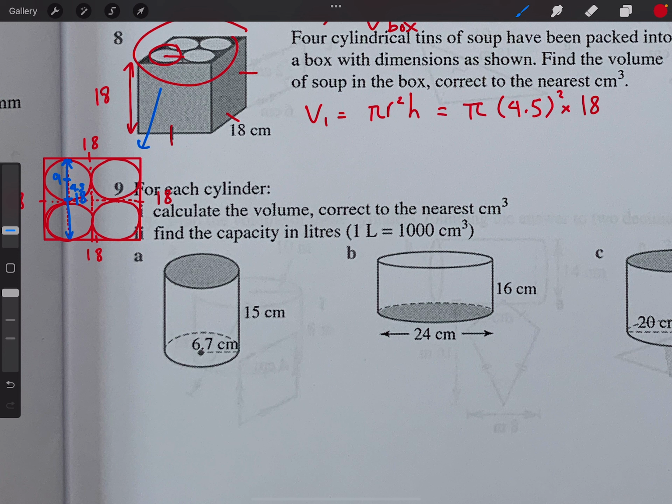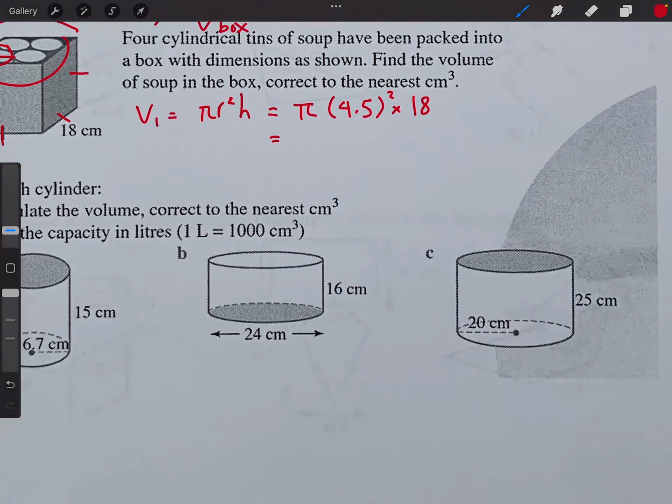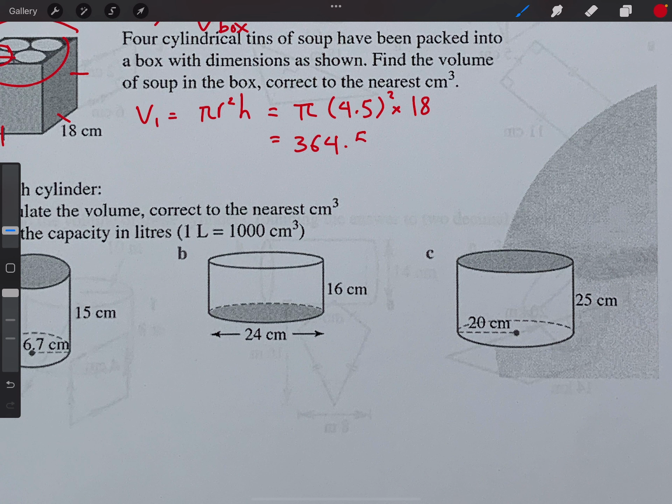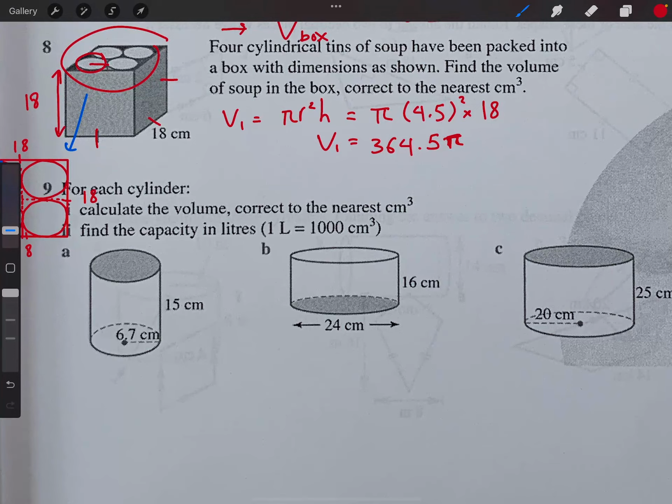Now what's 4.5 squared times 18? It's equal to 364.5 pi. Again, I didn't multiply the pi in, I left it with the pi there. This is the exact volume of 1 can of soup.